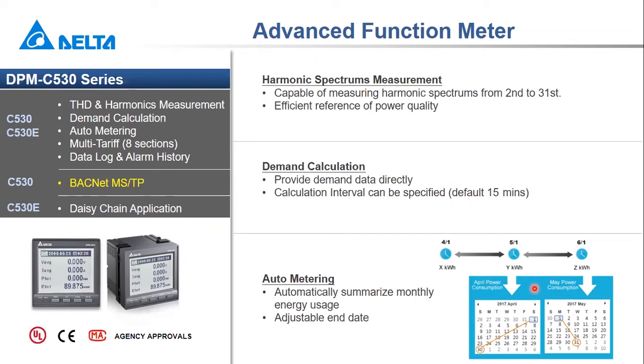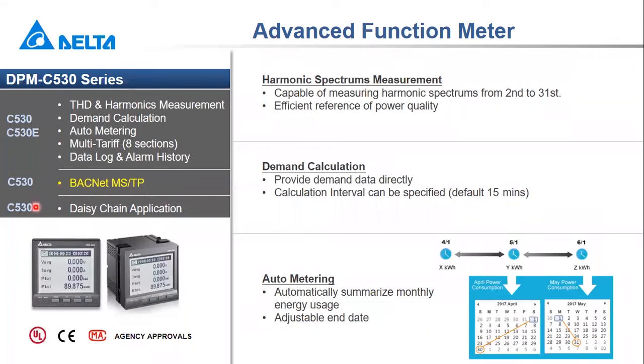So first one is the C530. All the functions, the harmonic, the demand, the auto metering, the multi-tariff, the data log and the alarm history are all supported. Besides that, it also supports the BACnet function. So if for building automation, this one also meets the requirement.